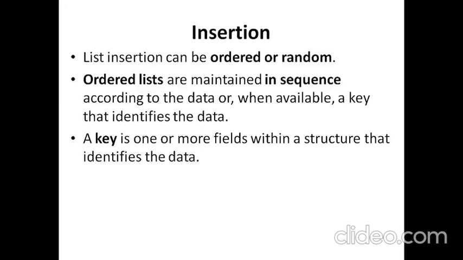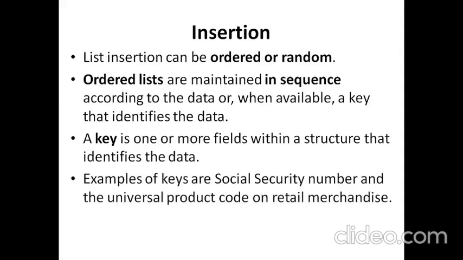So ordered lists are maintained in sequence according to the data, and the data is generally referred to as a key. The key is what the elements are ordered by in an ordered list, and the order can be either ascending or descending depending upon the need of the situation. Whereas in the case of a random list, there is no sequential relationship between two elements.